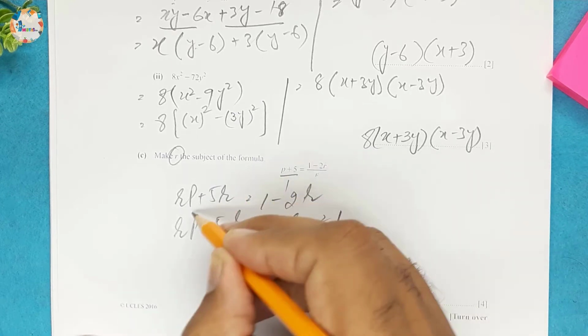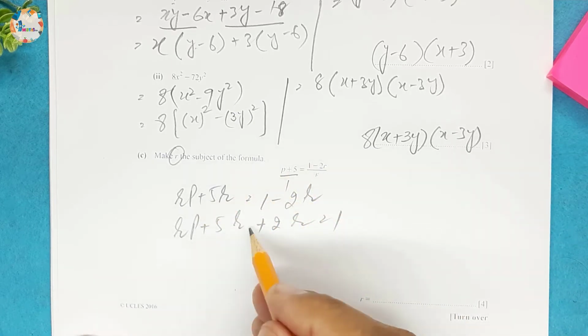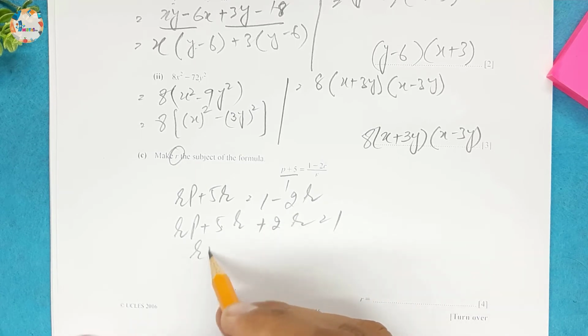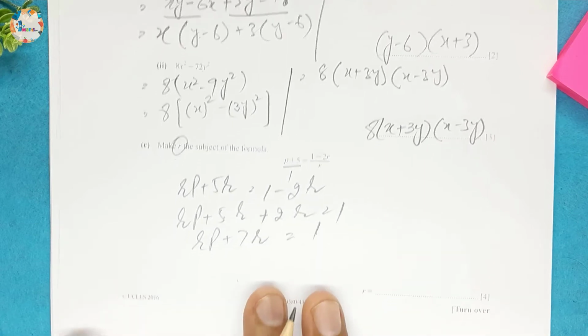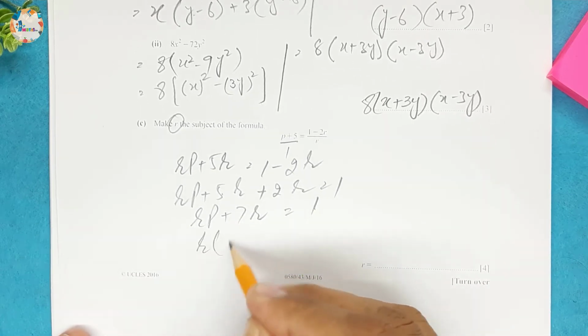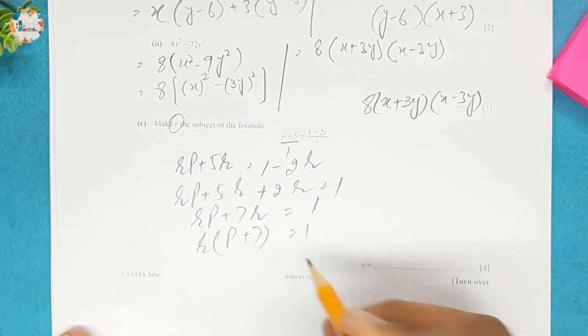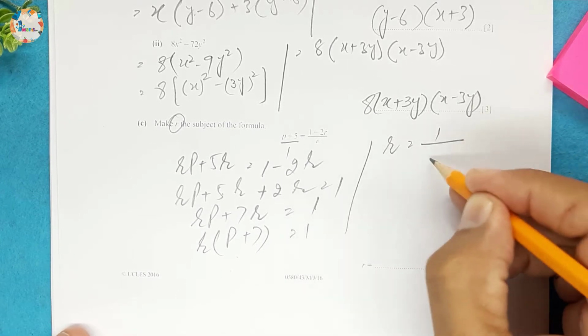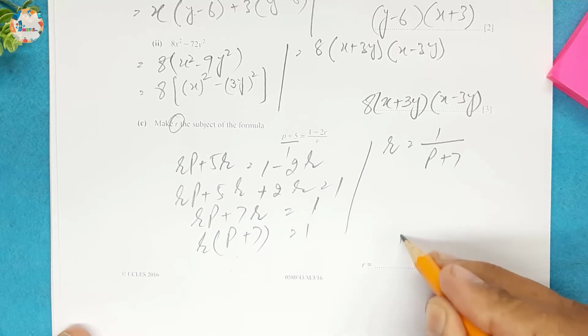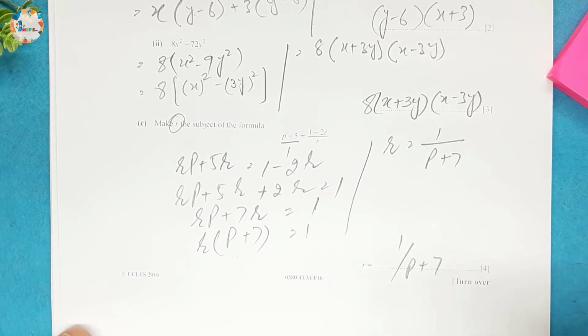This will be plus 2r because it is shifting to this side. So this will be rp plus 7r is equal to 1. Now we can take r common. So inside will be p plus 7 is equal to 1, and this implies r is equal to 1 over p plus 7. This will be our final answer.